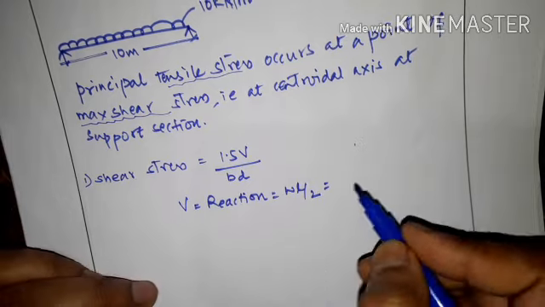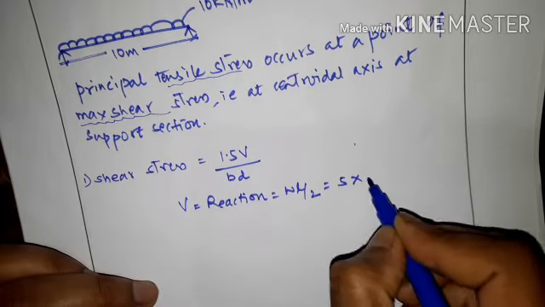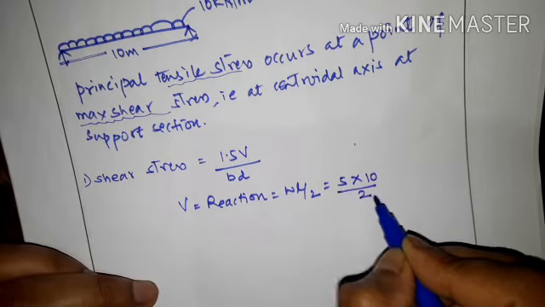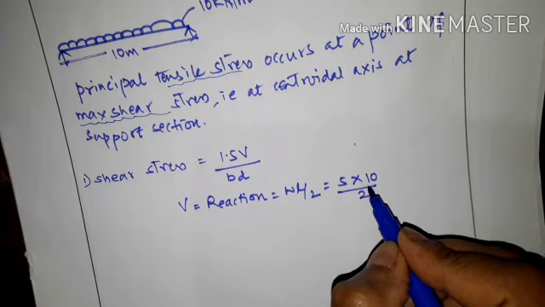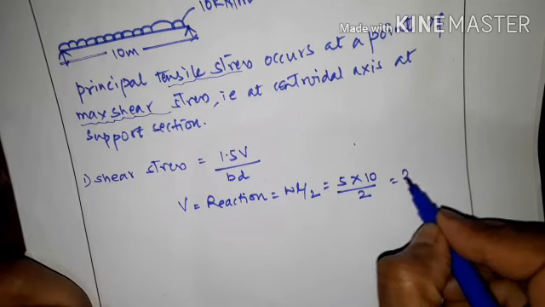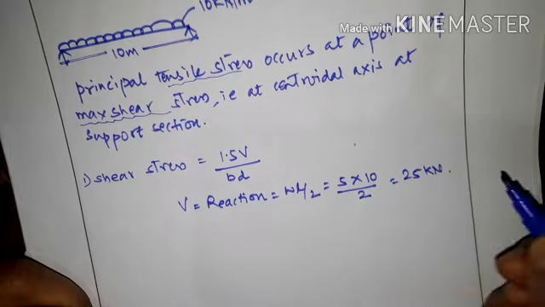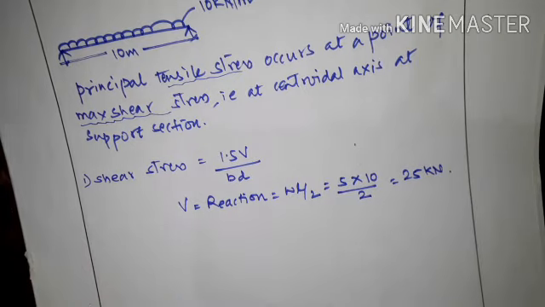So W is 5, L is 10, divided by 2. We will get 25 kilonewton.